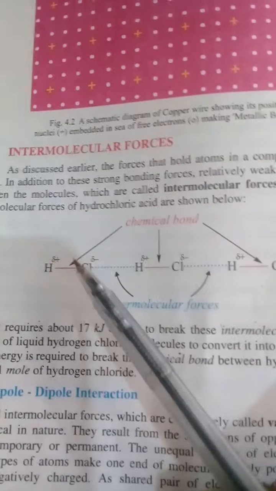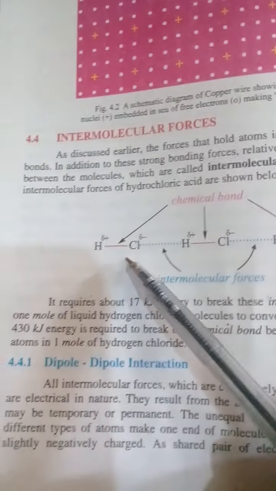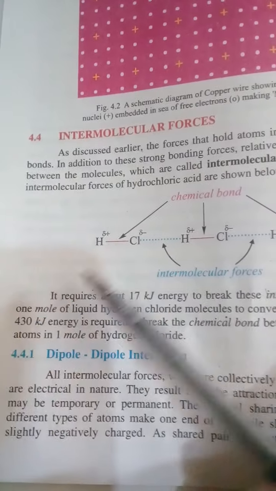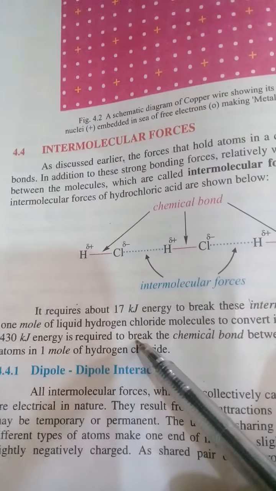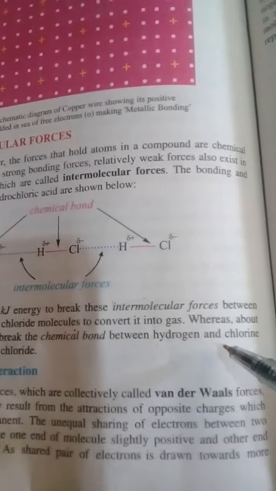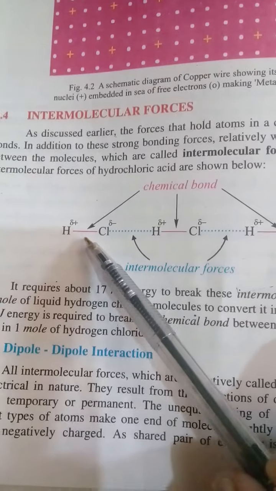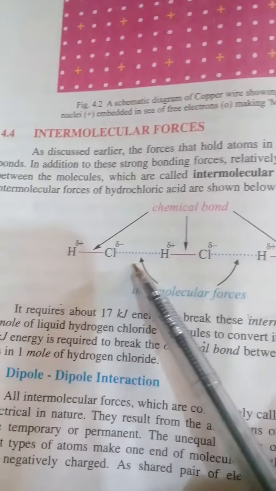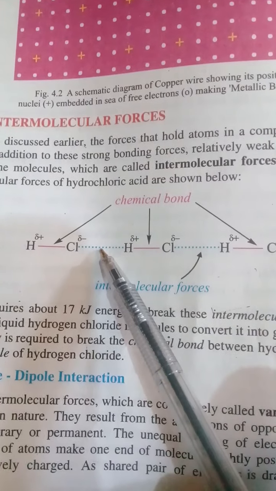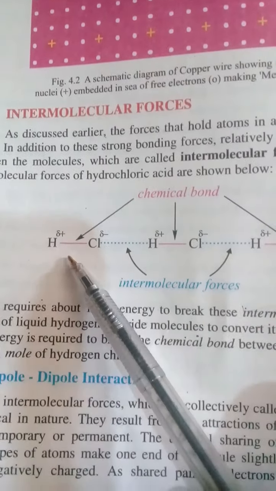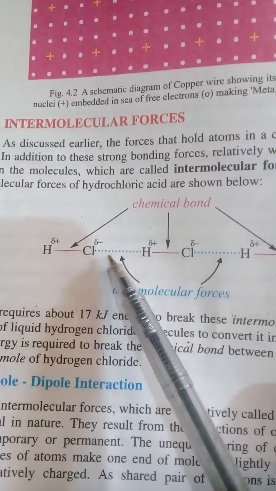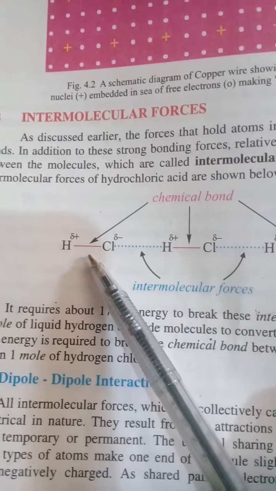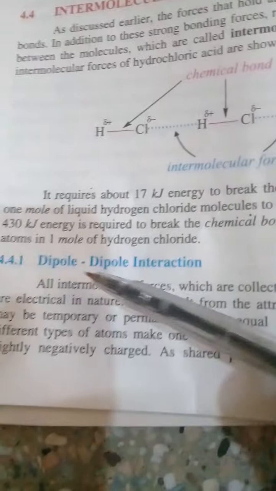Whereas to break down this chemical bond, 430 kilojoule energy is required, and that force is existing between two atoms, one atom of hydrogen and other atom of chlorine. But the intermolecular force exists between two molecules, one molecule of HCl and other molecule of HCl. This is weaker as compared to chemical bond.